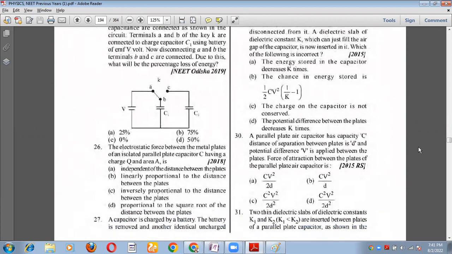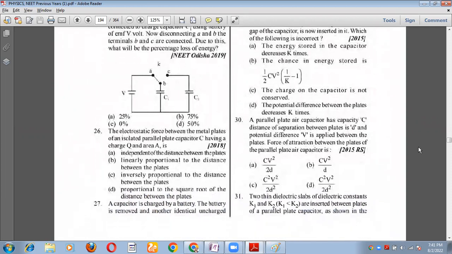There is another topic, force between the plates of a capacitor. So go through question number 30.